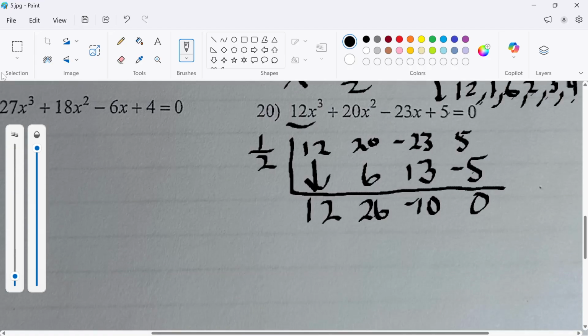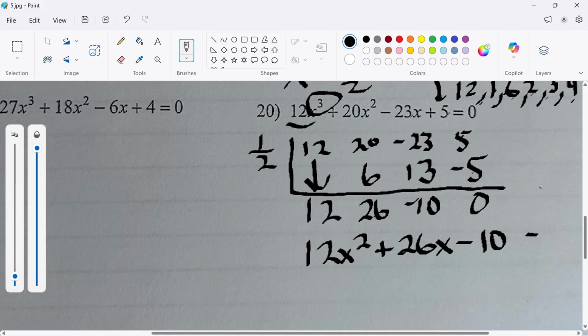Found it. And now I have a polynomial 1 degree smaller than the original, so this is 12x squared plus 26x minus 10. And then I will divide everything by 2. The 2 will just drop out because 0 divided by 2 is 0. So 6x squared. You'll get the answer if you don't divide, but the numbers will be bigger and maybe harder to figure out.